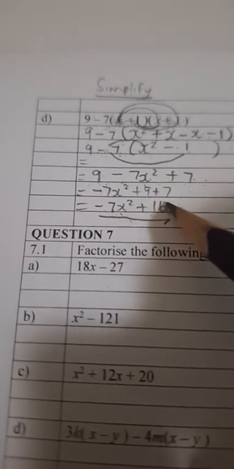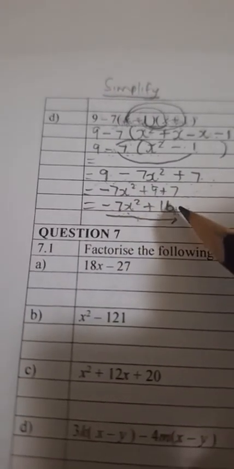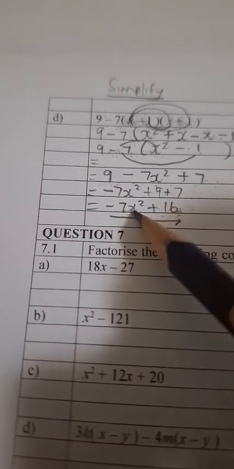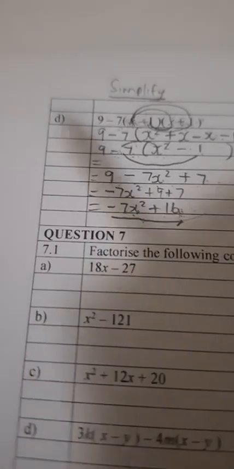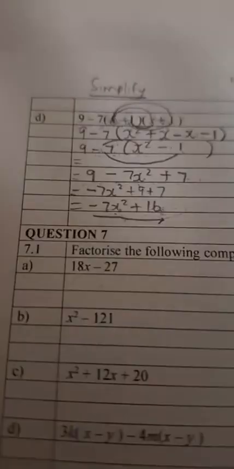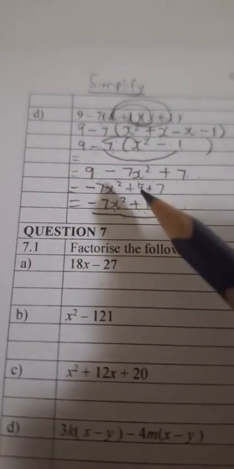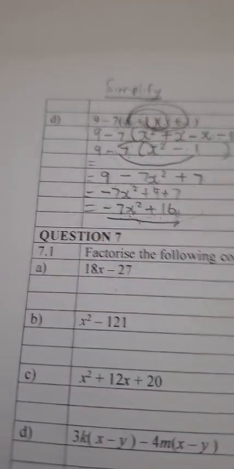The uniform here has no jersey because there's no similar what? X squared for this term. So therefore these are unlike terms. We cannot add or subtract unlike terms, so we leave our answer as negative 7x squared plus 16. So guys, that's how we deal with simplification of expressions where there are different signs in the mix.